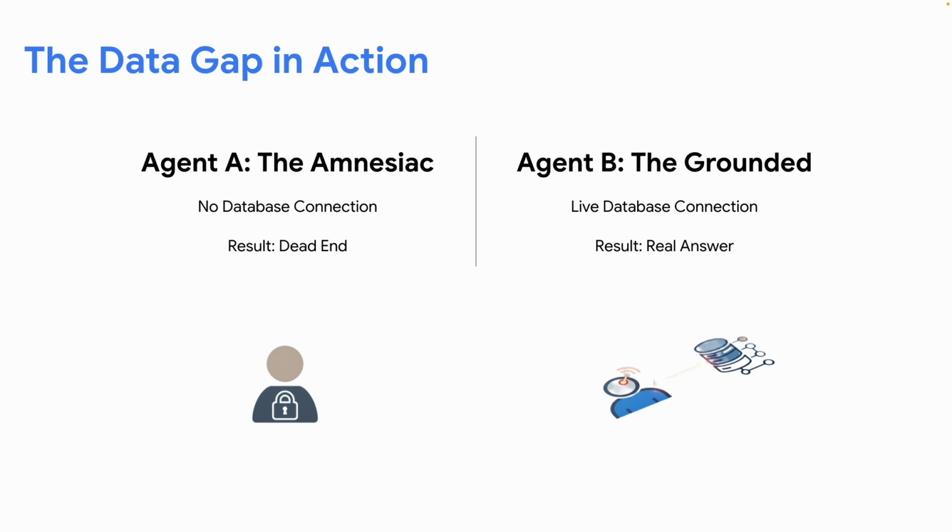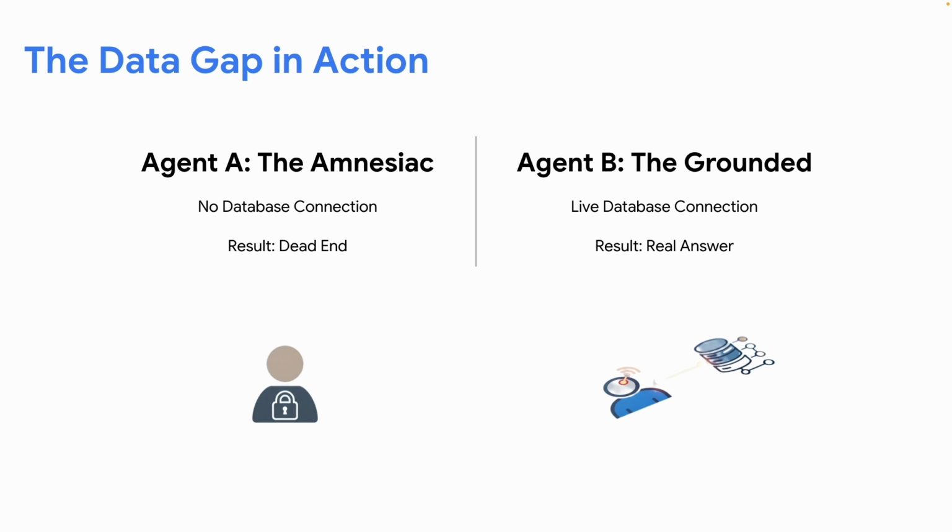Okay, so what you're seeing here are two AI agents. I have built them using Google's Agent Development Kit, and they are running locally on my laptop. They both use the same Gemini 2.0 Flash model, same prompts, same configuration. They are identical in every way except for one critical difference.